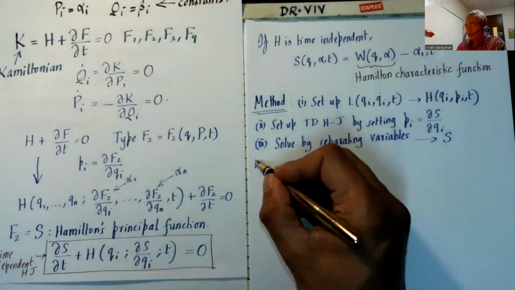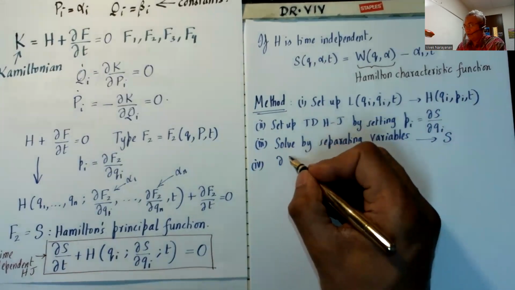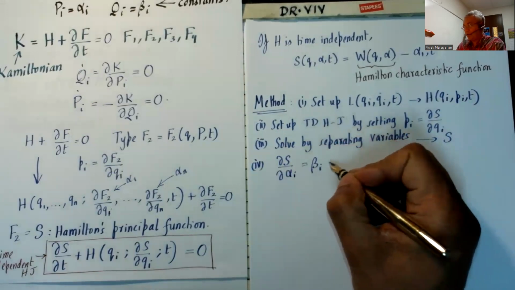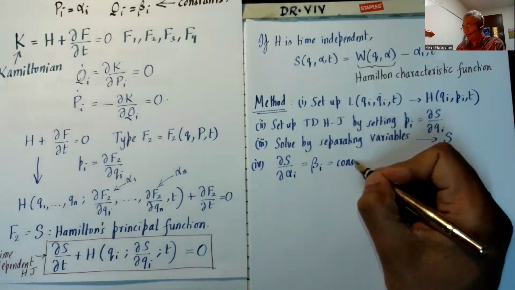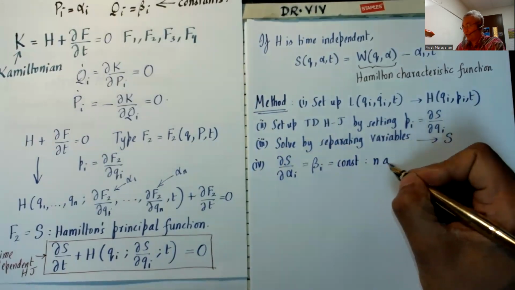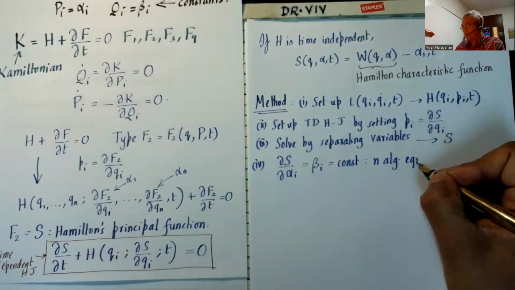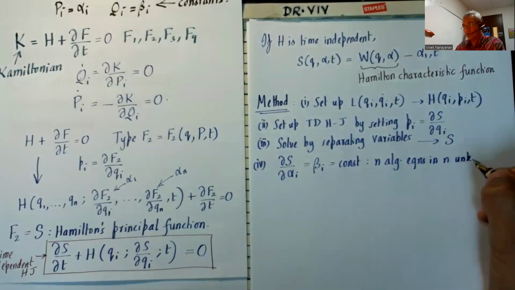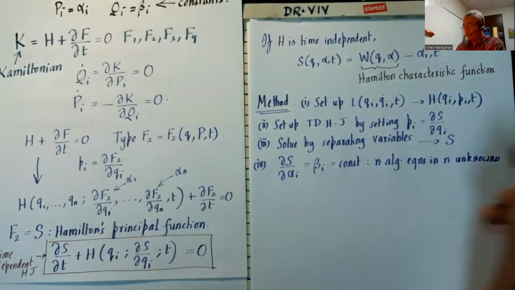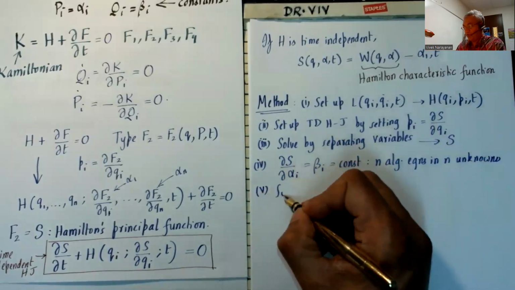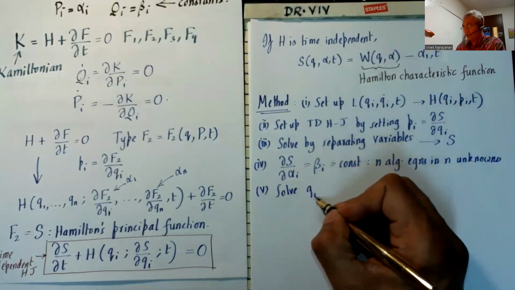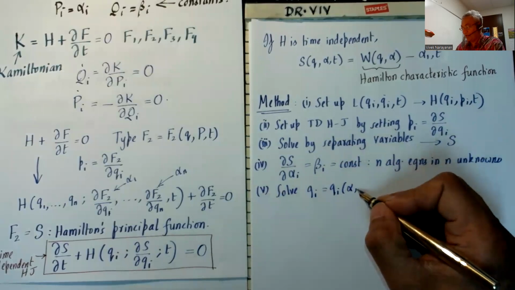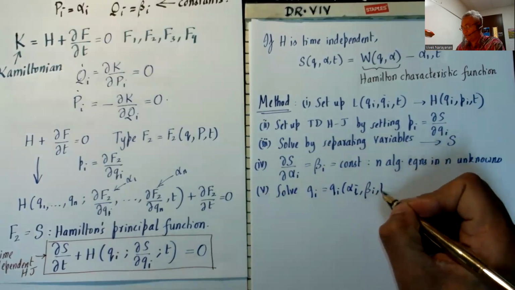Once we have the function S, we can then do the partial derivative with respect to alpha I to give you beta I and set them equal to constant. This will give you n algebraic equations in n unknowns. The fifth step is to solve for the momenta, for the positions, alpha I, beta I, t.